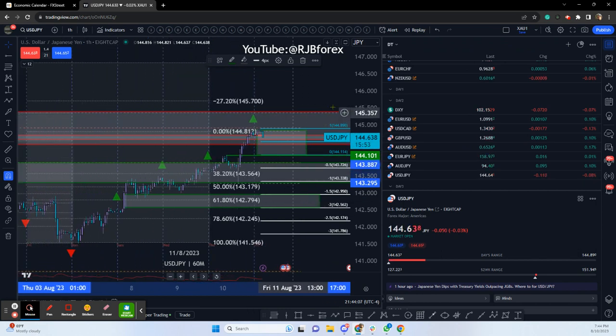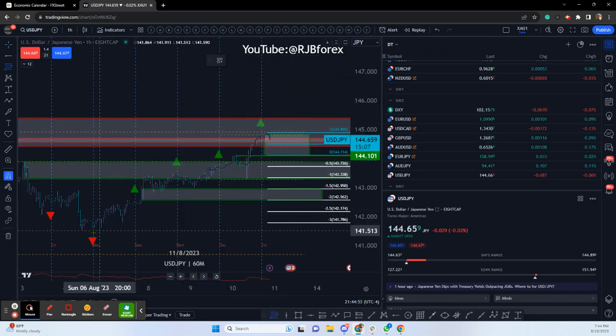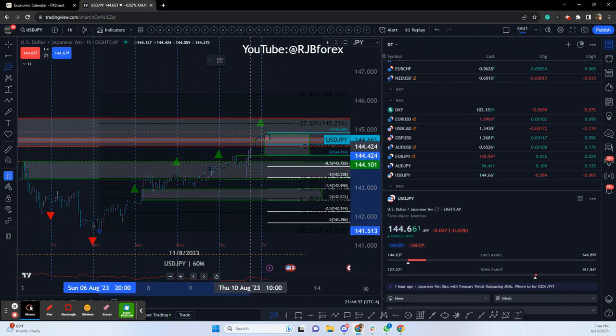If we were to measure the range, the rally, the bullish trend, that's the high.